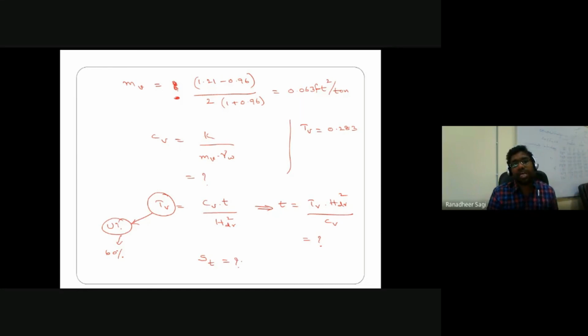We have different ways or means by which I can calculate. One such approach: U is equal to settlement corresponding to that time by final settlement. Which time are we referring to, which I am required to calculate? The corresponding degree of consolidation with respect to that time is 60%.